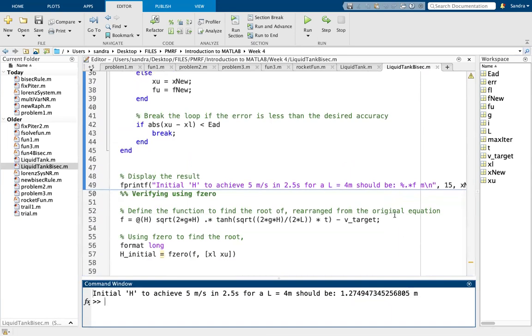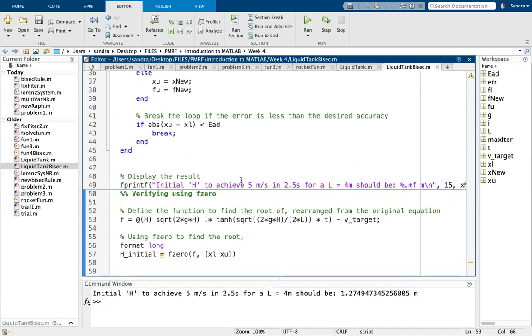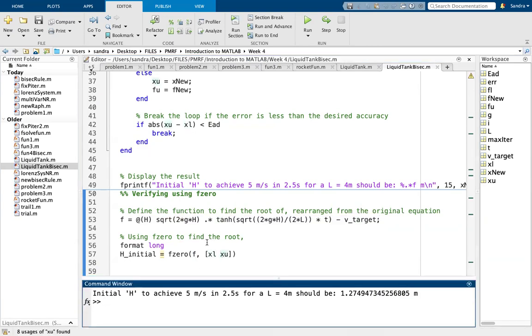The same thing we can look at with the fzero function. In the fzero function, the function should be this square root minus v target. Minus that v should be there. You can write it as a separate MATLAB function or directly here as an anonymous function. And h initial is equal to fzero, the function part comes here directly, and you give the lower bound and the upper bound.